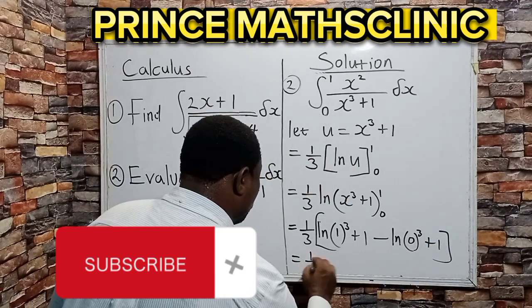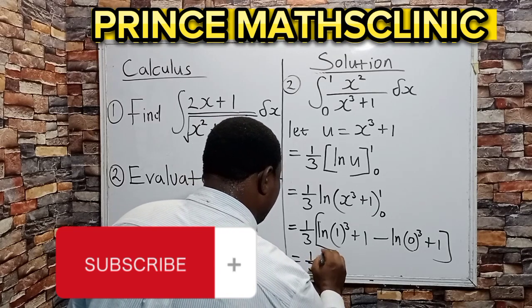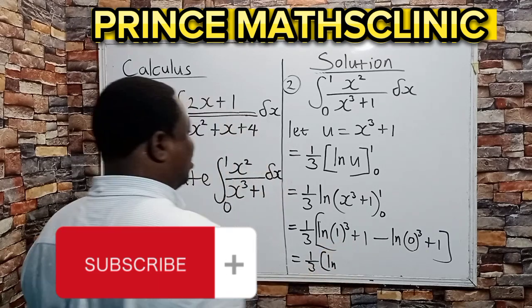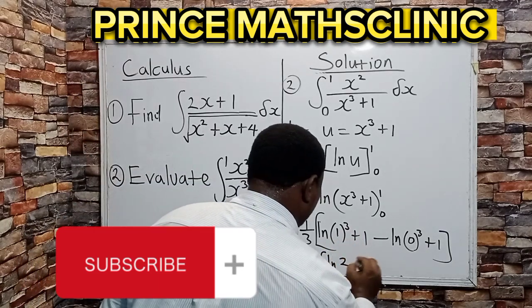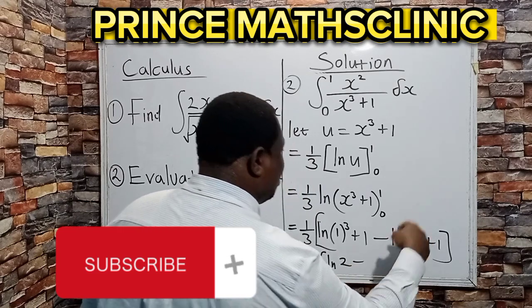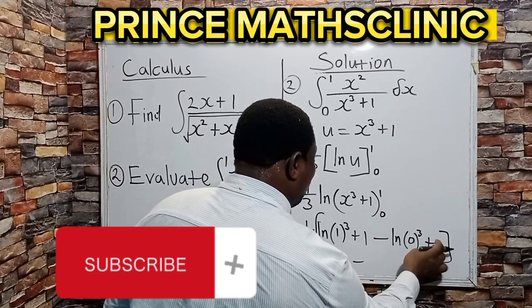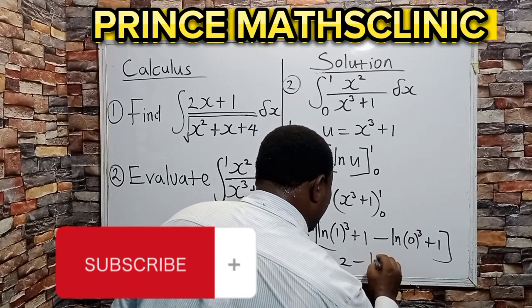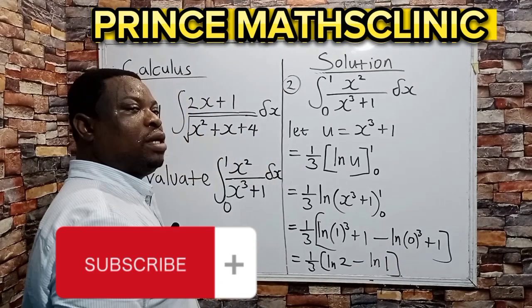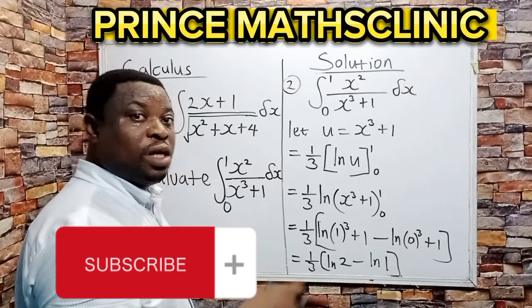Therefore, this becomes 1 over 3 ln 1 cubed is 1 plus 1 is 2 minus 0 to the power of 3 is still 0 plus 1 becomes what? Ln 1. Ln 1, right, is what? Is 0.